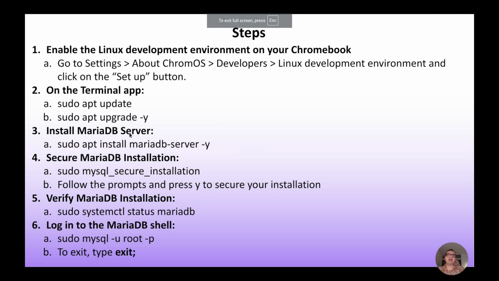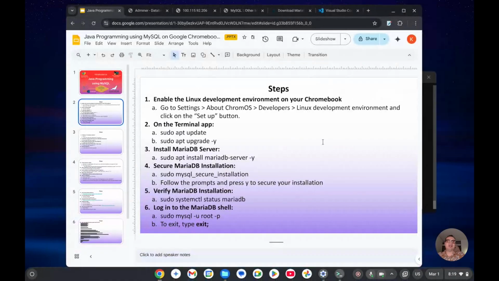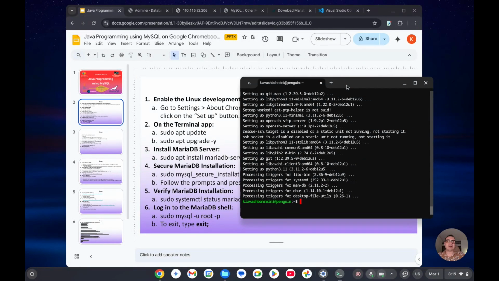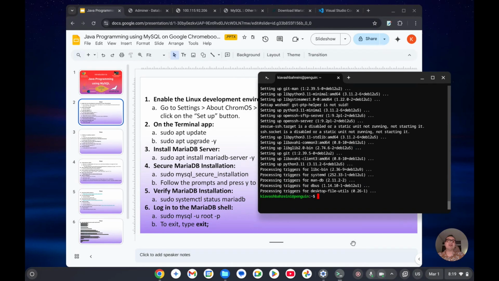I'm going to install the MariaDB server. In order to do so, we have to enter sudo apt install mariadb-server and again -y. So sudo gives the administrative privilege to this apt command.